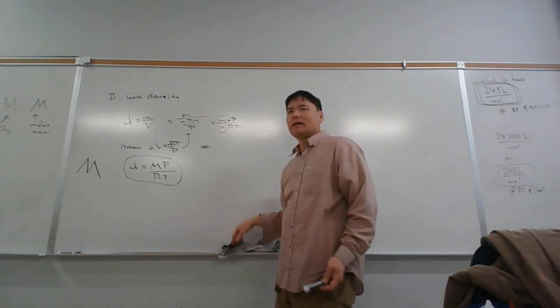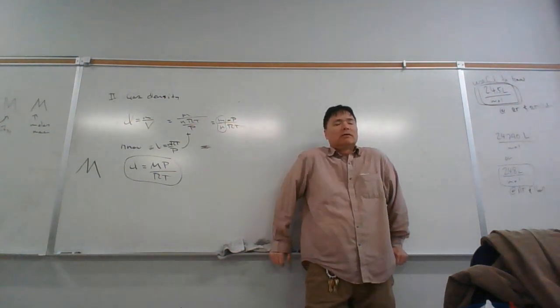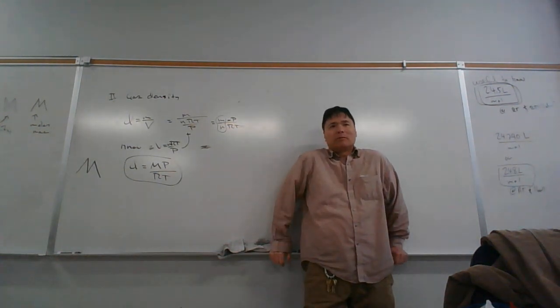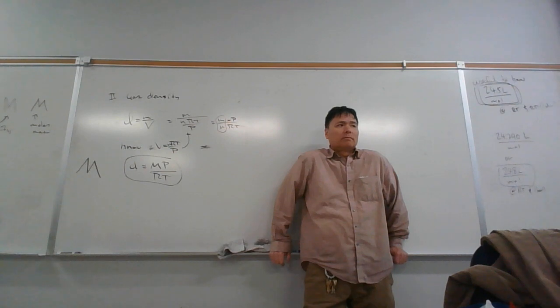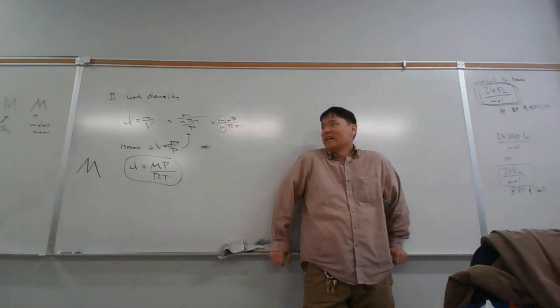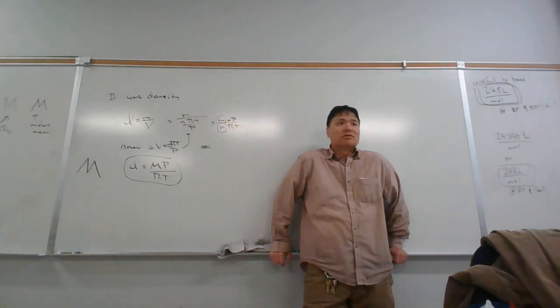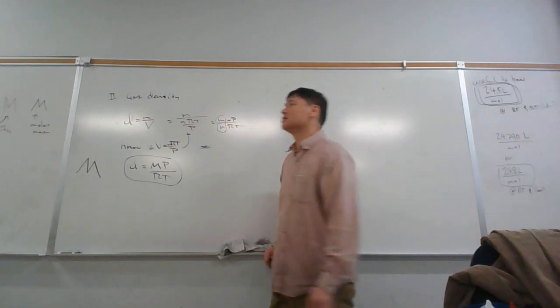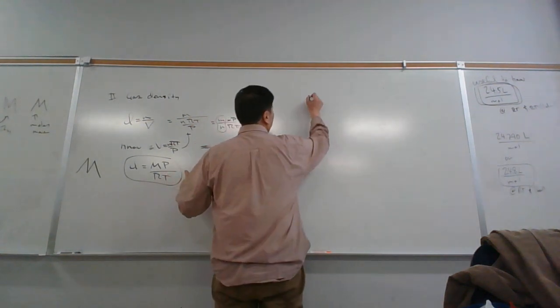To 2 sig figs it'd be easier to remember: 29. Nitrogen's 28, oxygen's 32. There's more nitrogen in air, so it's closer to 28 than 32, so 29 it is. But anyway, we can get it to more sig figs.